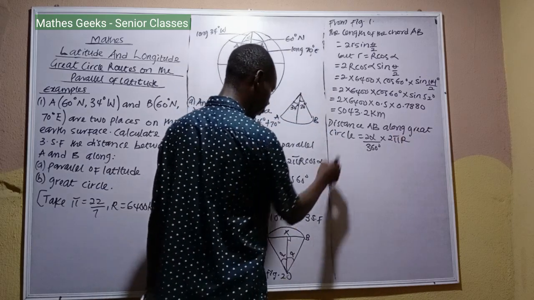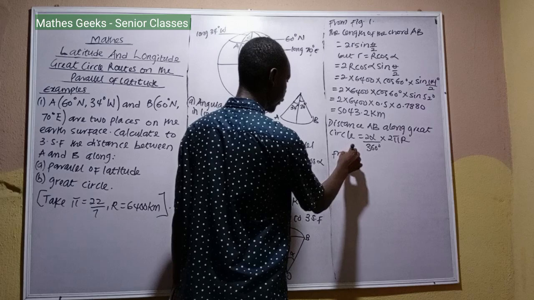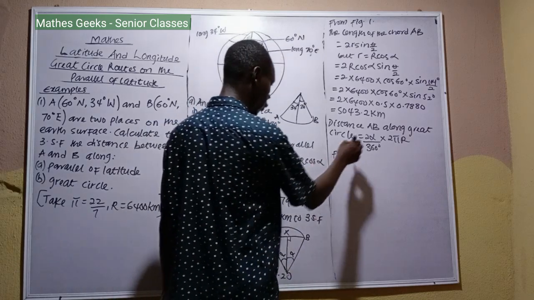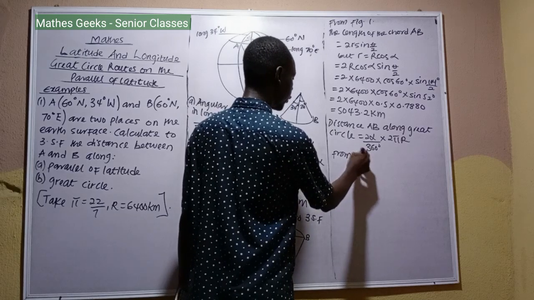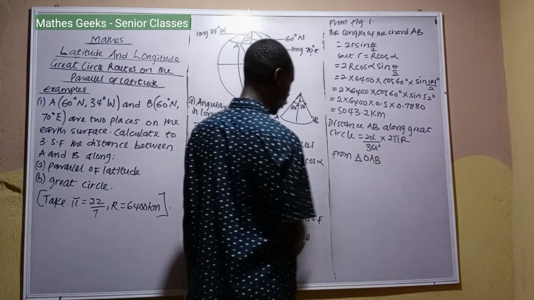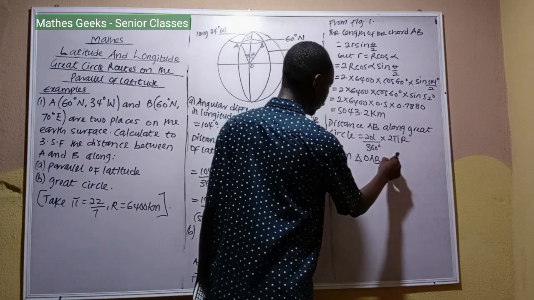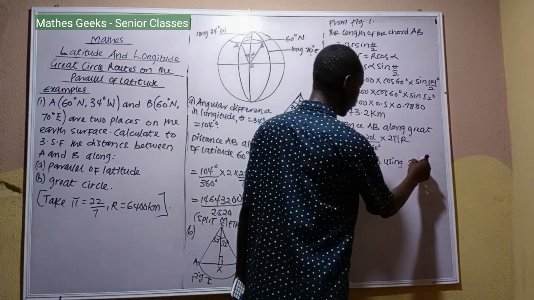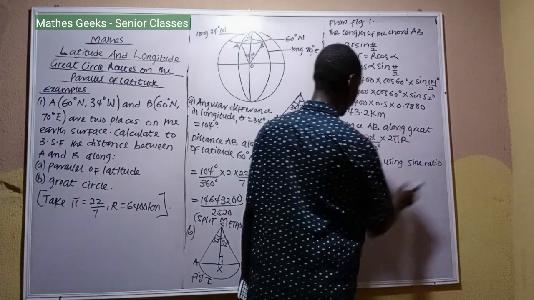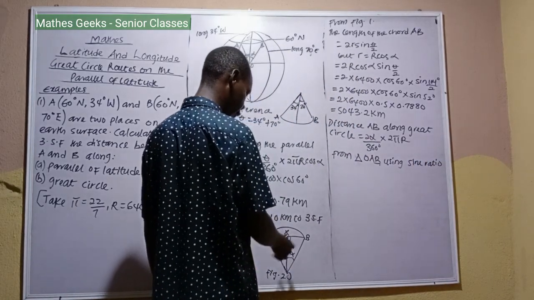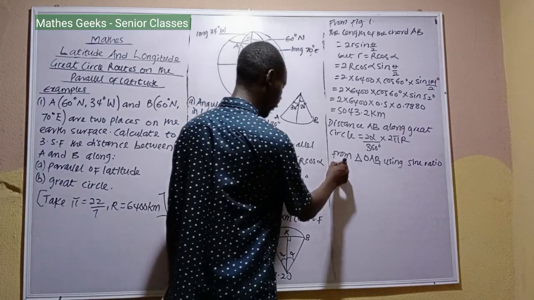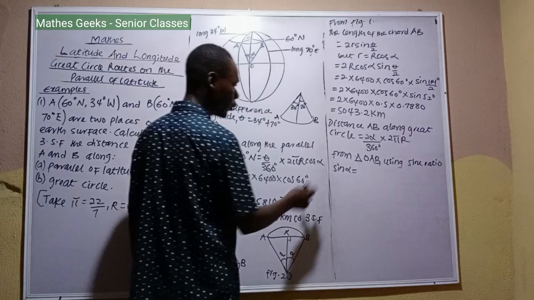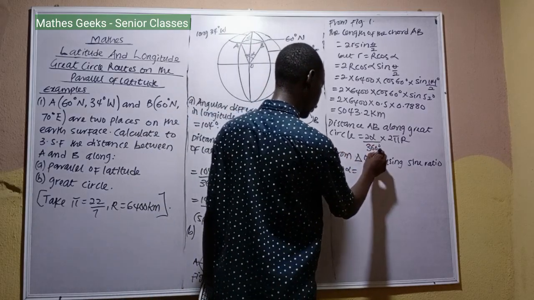That is seen from a triangle. So we're going to make this triangle now, from triangle OAB, using sine ratio. We're going to have sine alpha. From triangle OXB, that's what we're going to look at, not OAB.